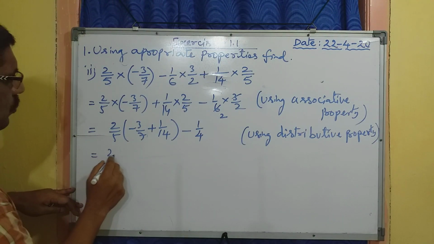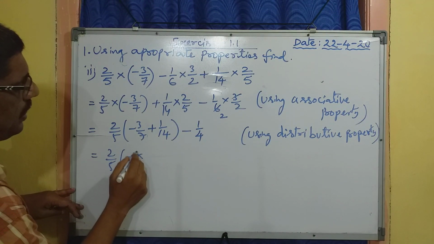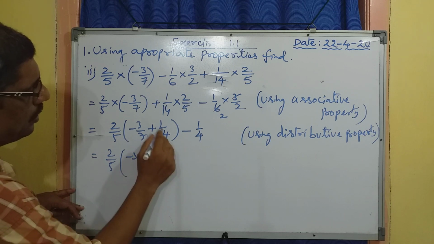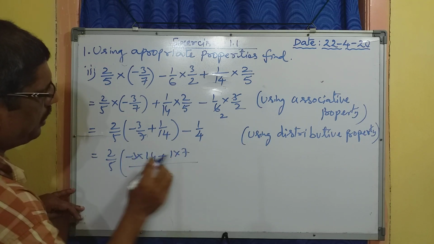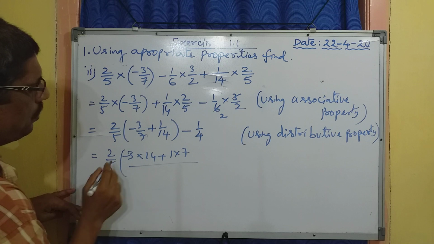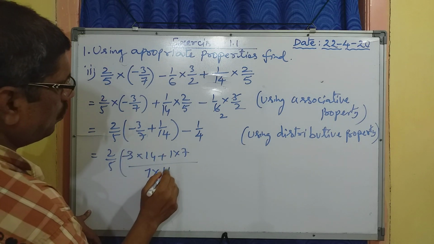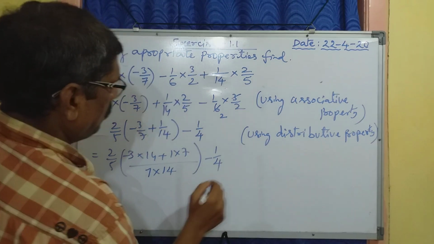Now let us simplify this. 2 by 5 into minus 3 cross multiplication into 14 plus 1 into 7 by 7 into 14, minus 1 by 4.